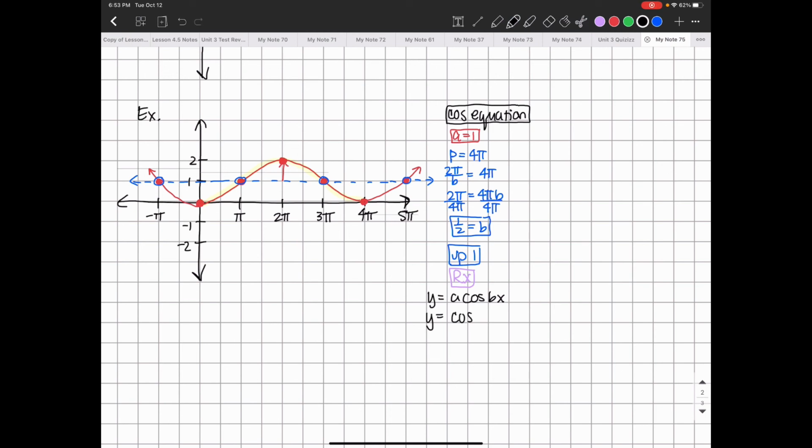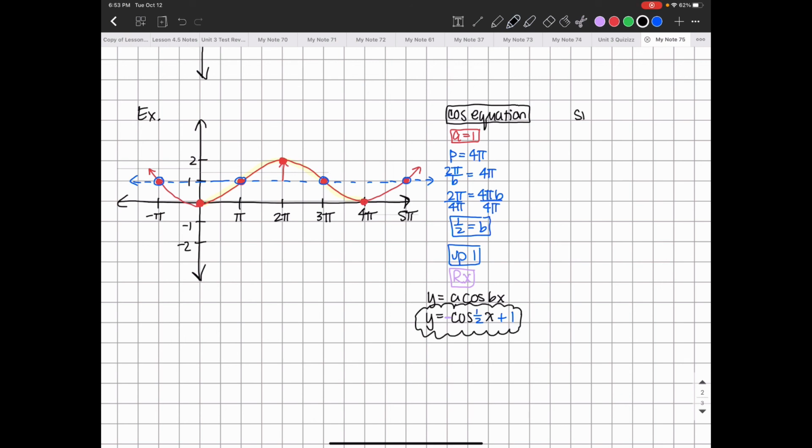B is 1/2, so I'm going to write 1/2 times, there is no horizontal shift, so it's just 1/2 times x. And then I know I'm going up 1, so I'm going to add 1. And also there's a reflection over the x-axis, so I need to have a negative in front. And there's a +1 at the end because that means I move up 1. And so this is my cosine equation.